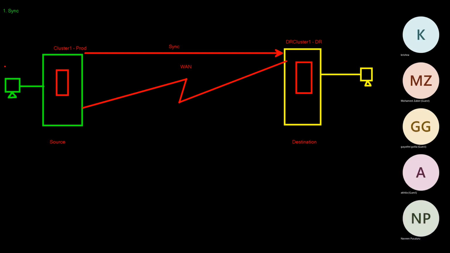First, my client will copy the data to the source. That is the first step. When my client has copied the data to the source, immediately it will copy the data from source to destination.